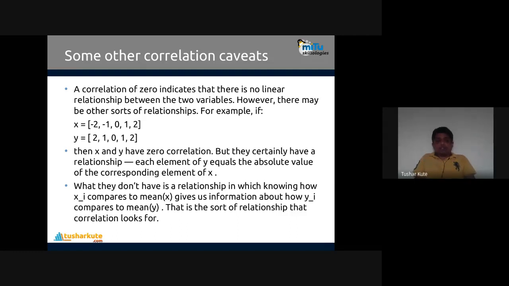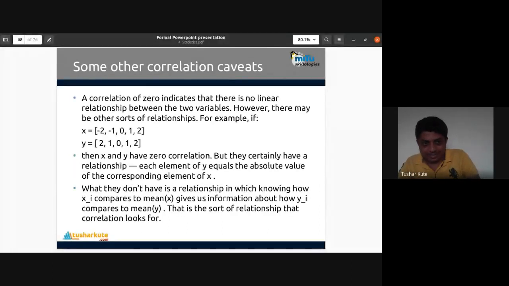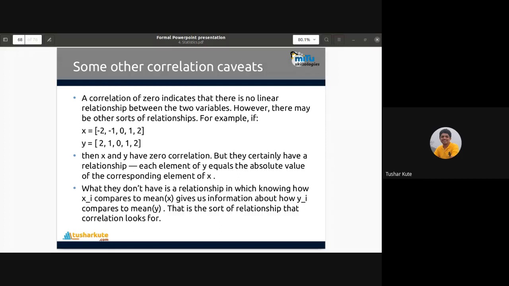X and y have zero correlation with each other. But they certainly have a relationship. Each element of y is equal to the absolute value of the corresponding element of x. That's maybe possible. Let's try that. Absolute value means any kind of value which is only positive.